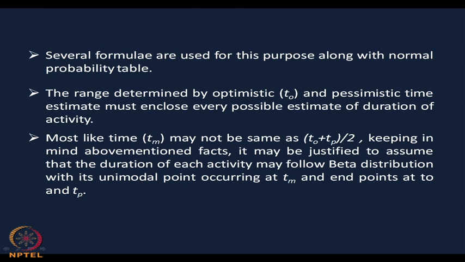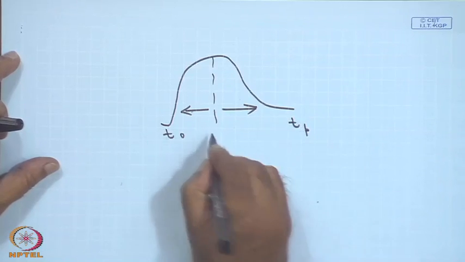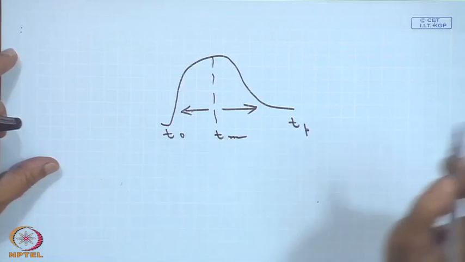Keeping the above facts in mind, it may be justified to assume that the duration of each activity follows the beta distribution with its unimodal point occurring at T m and the endpoints at T 0 and T p. So, basically, T 0 will be here, T p will be here and the unimodal point T m somewhere here.